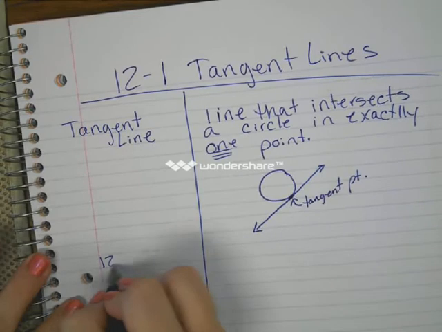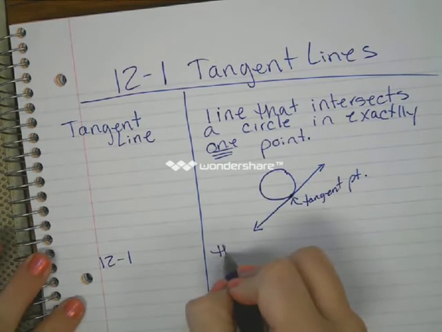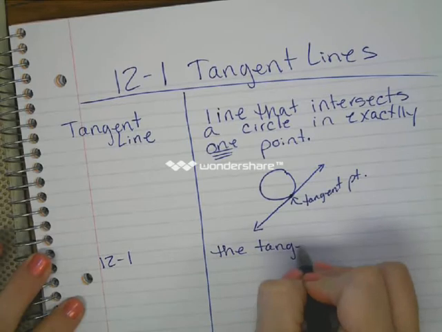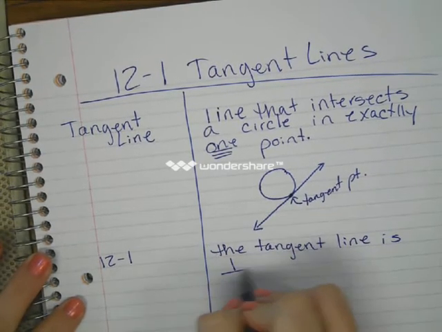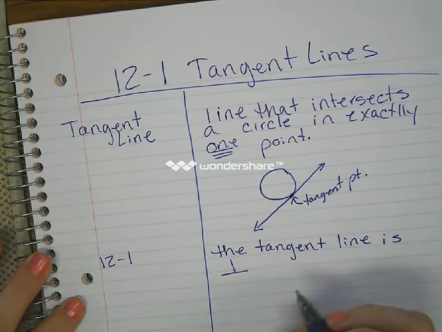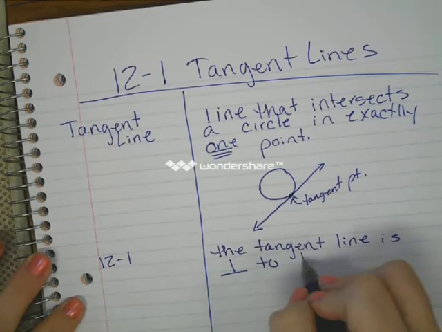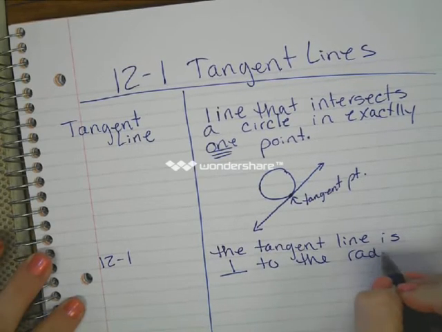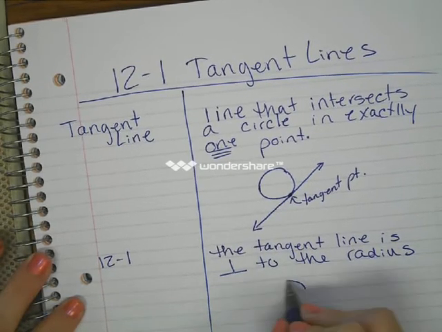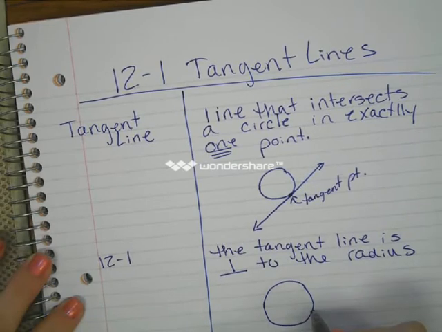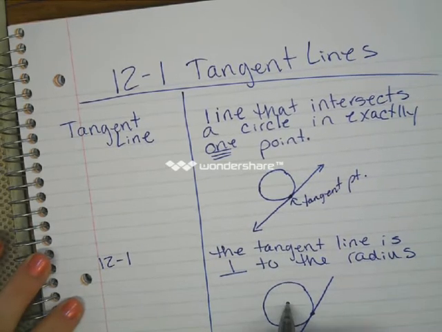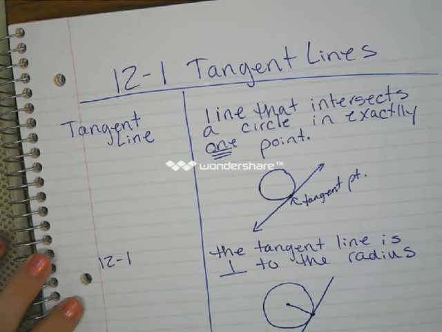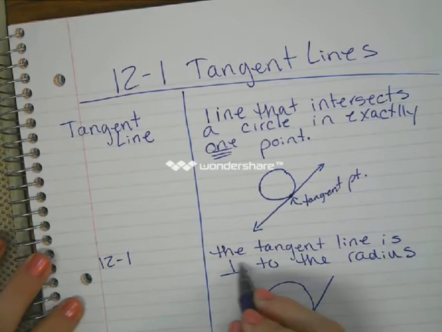Alright, theorem 12-1 says that the tangent line is perpendicular to the radius. Remember that symbol means perpendicular. So if I have a circle and I draw a tangent point and I draw a tangent line and I draw the center of the circle and draw the radius to that point, then those two lines are perpendicular.